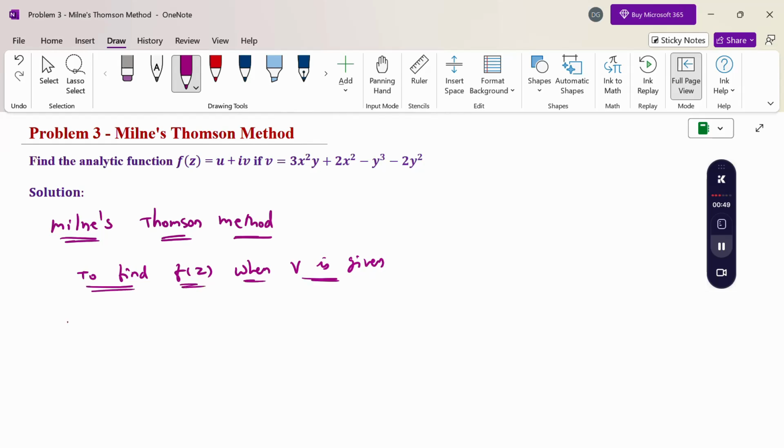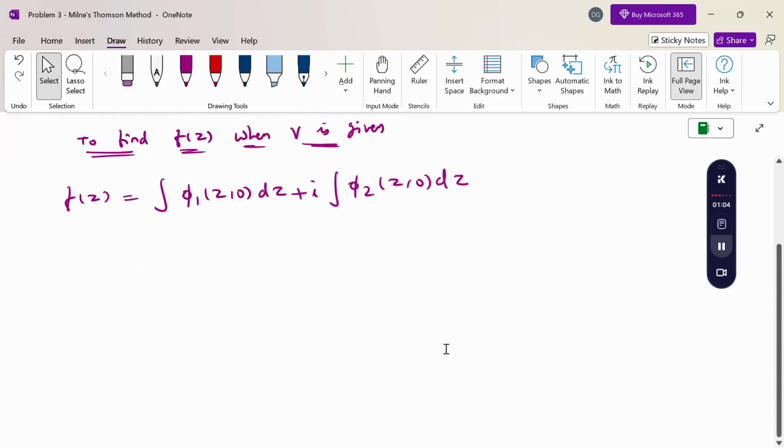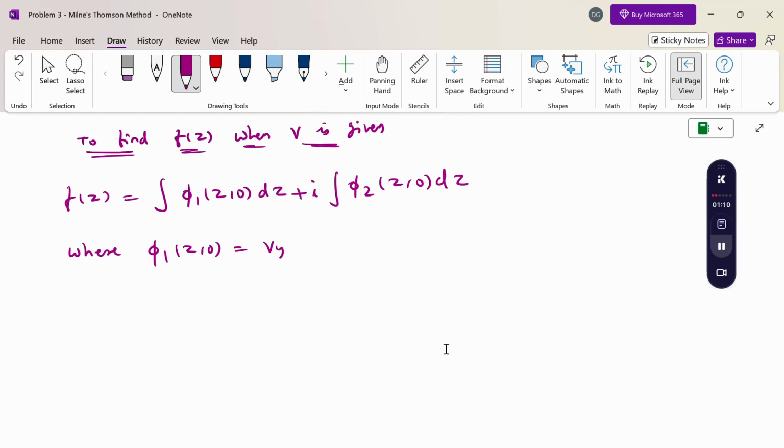Now, what is the formula for finding f of z? Integral phi 1 of z comma 0 dz plus i into integral phi 2 of z comma 0 dz, where phi 1 of z comma 0 is nothing but vy of z comma 0.